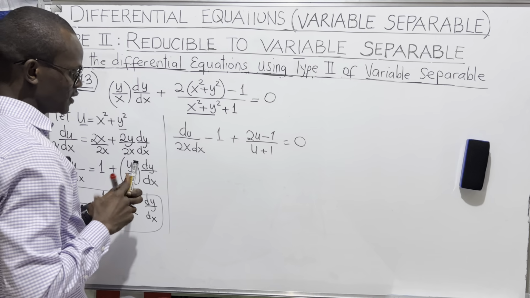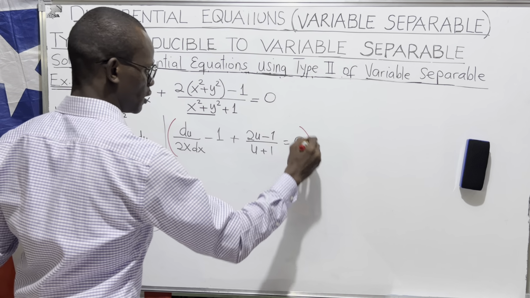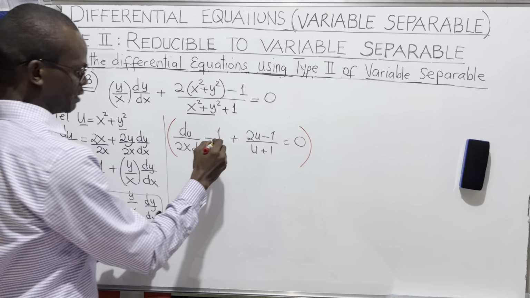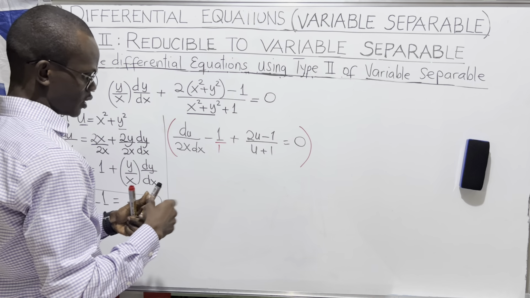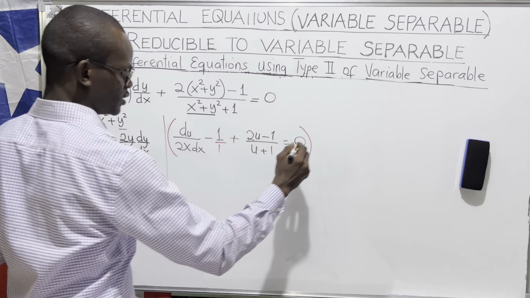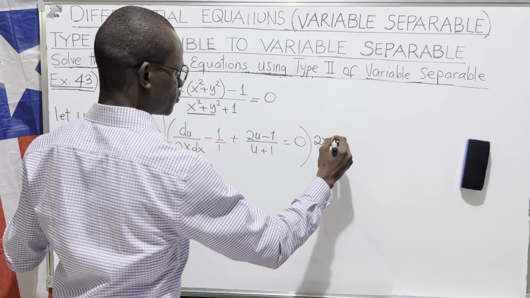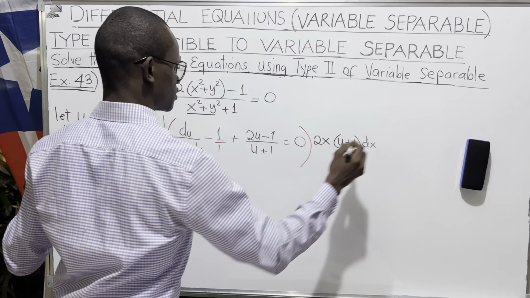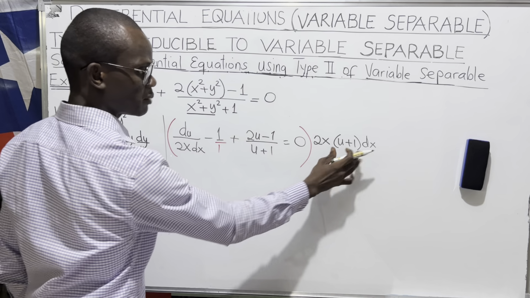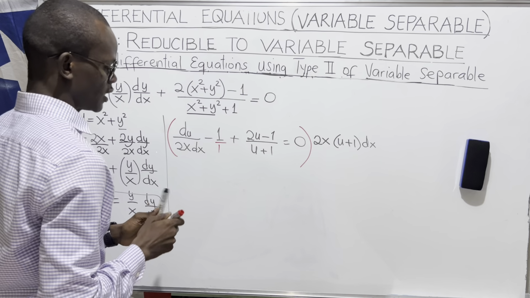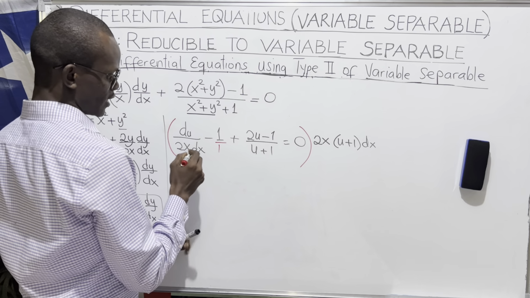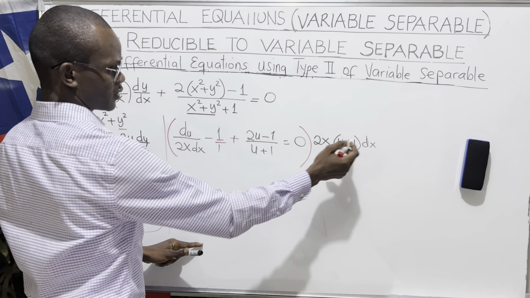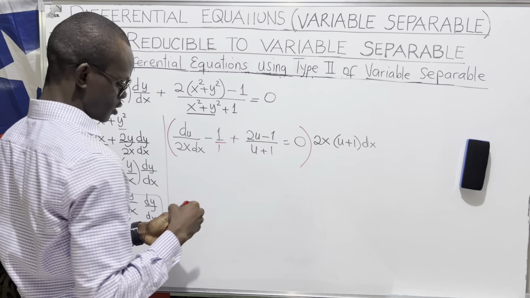Now we can find the LCD and multiply the whole thing so that we get rid of the denominators. So the LCD for 1, 2, and 3 is just 2x times u plus 1 times dx, because each of these denominators can be taken from within that LCD. So 2x dx goes into this, 2x cancel, dx cancel, you'll be left with u plus 1.